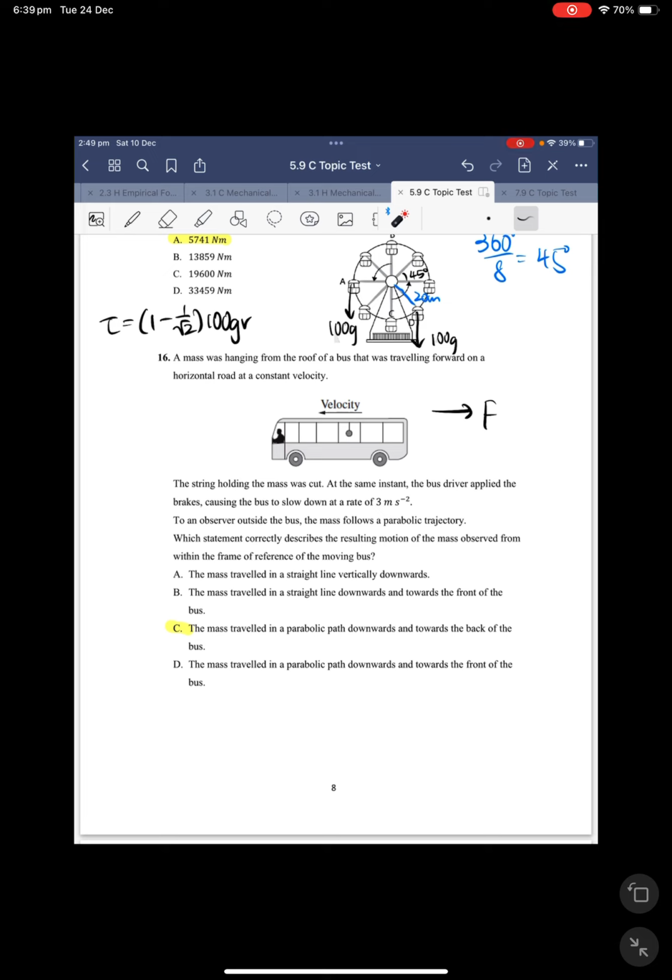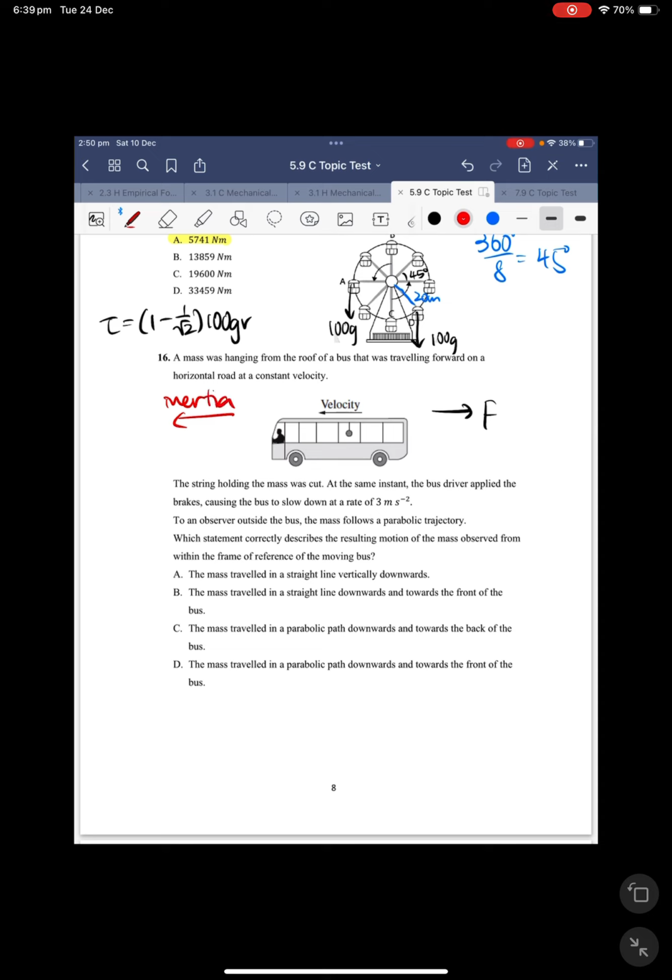Now, within the frame of reference of the moving bus, there's still going to be a net force acting towards the end of the bus, right? However, due to the inertia of the mass here, when the bus suddenly slows down, it's going to want to keep moving in this direction. It has inertia in this direction.